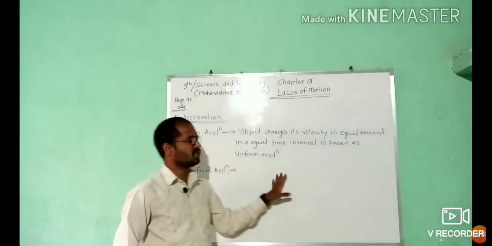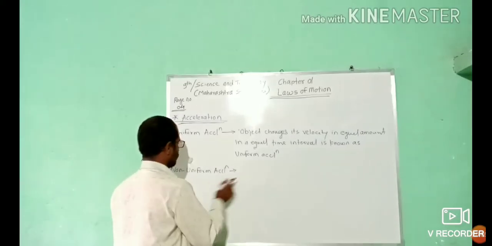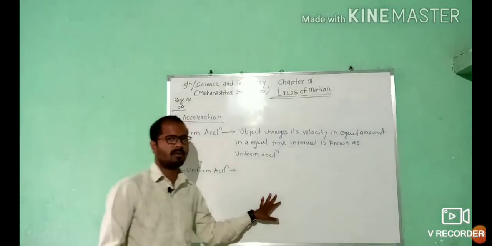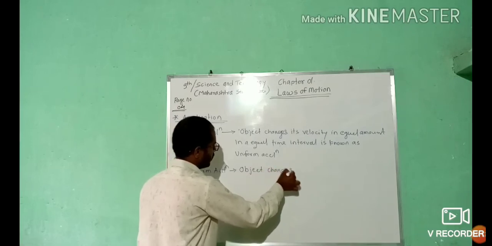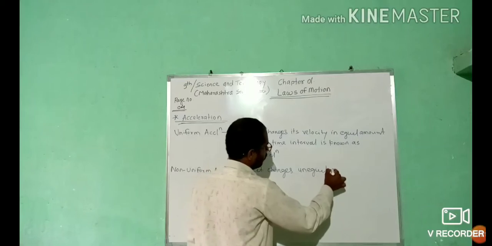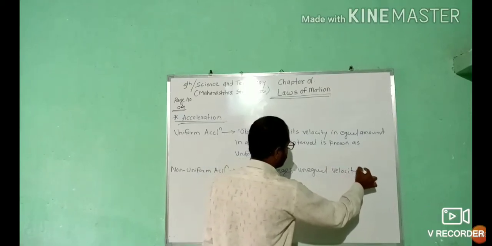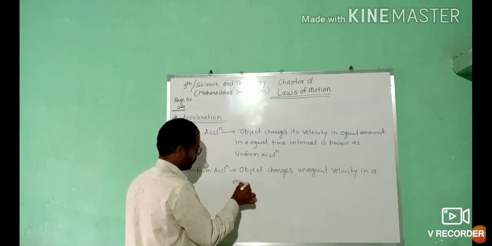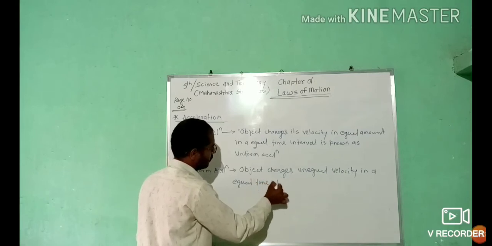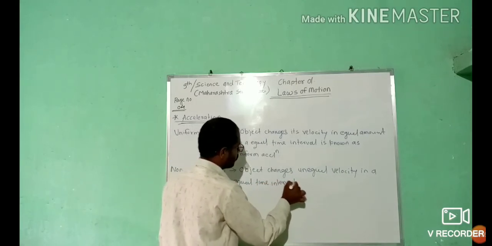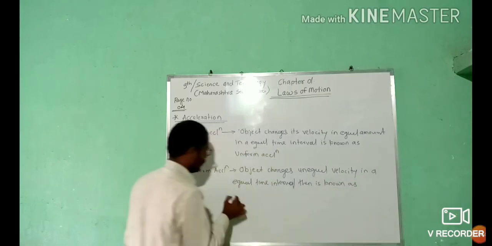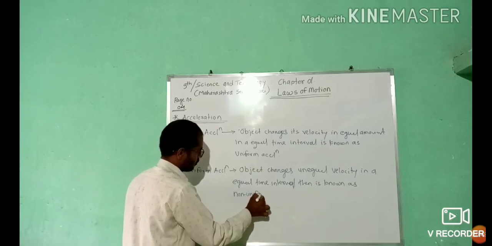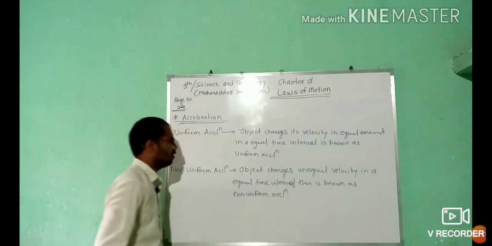When the object changes its velocity by an unequal amount in equal time intervals, that is known as non-uniform acceleration, or the object is said to be in non-uniform acceleration. Okay, now let's take an example of this.